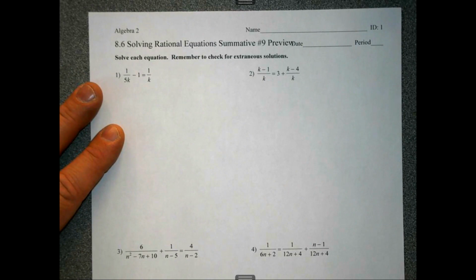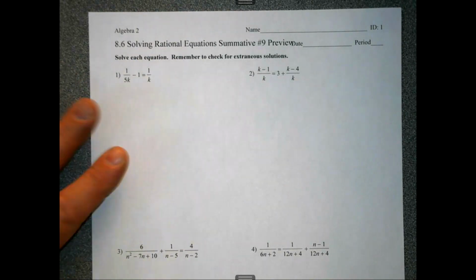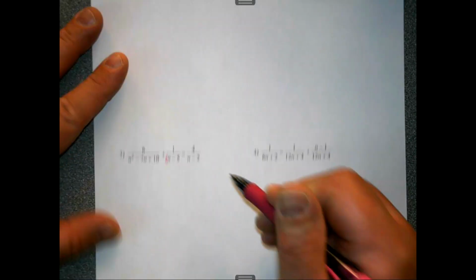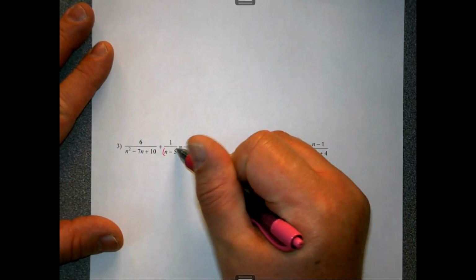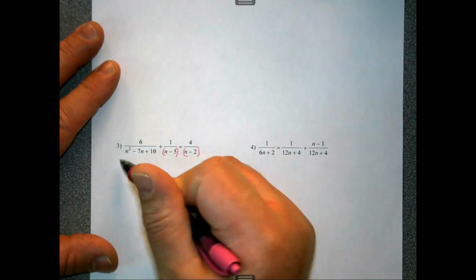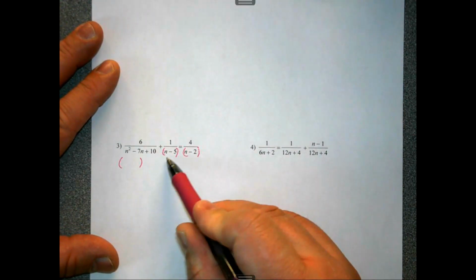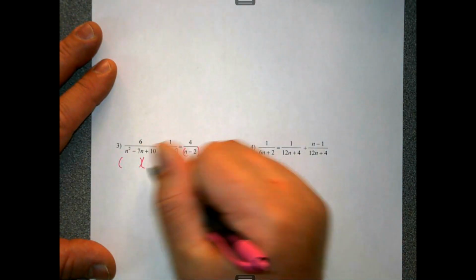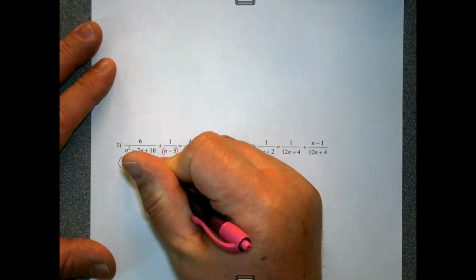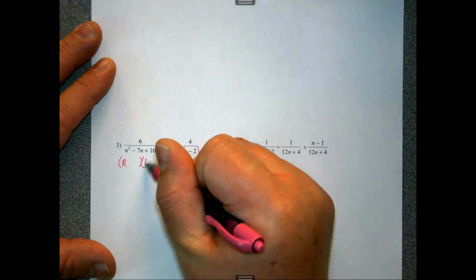Okay. Now, here's a shortcut. What do you think this is going to factor to? This is going to factor to probably n minus 5, n minus 2, right? So I'm going to put an n here and an n here.